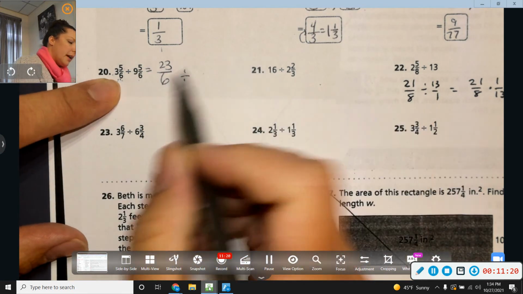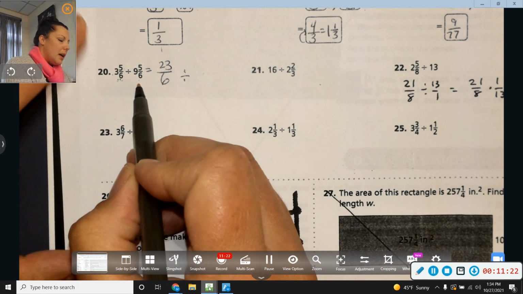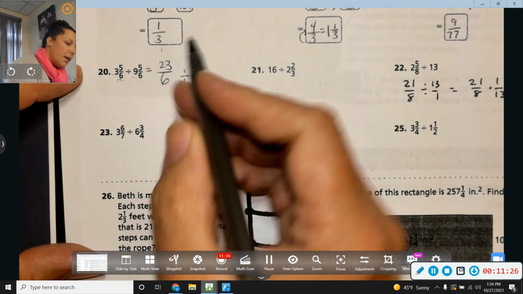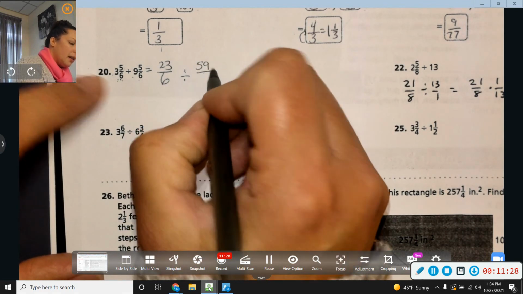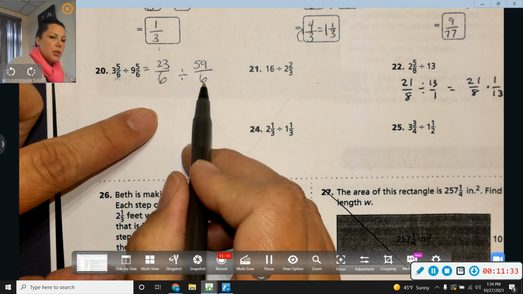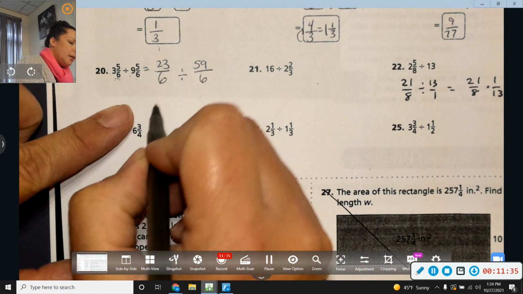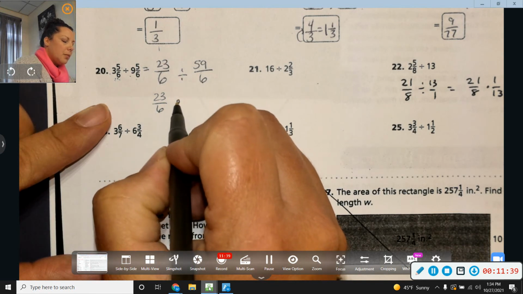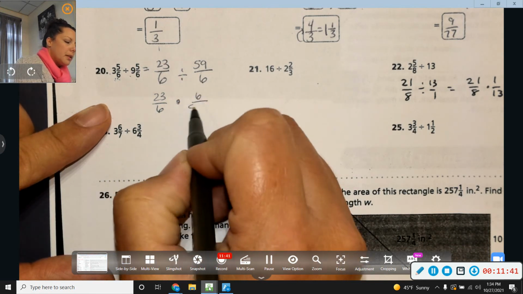And I'm still dividing. I have to wheel this. 9 times 6 is 54 plus 5 is 59 over 6. Now I do keep, change, flip. Keep 23 over 6, change to times, flip to 6 over 59.